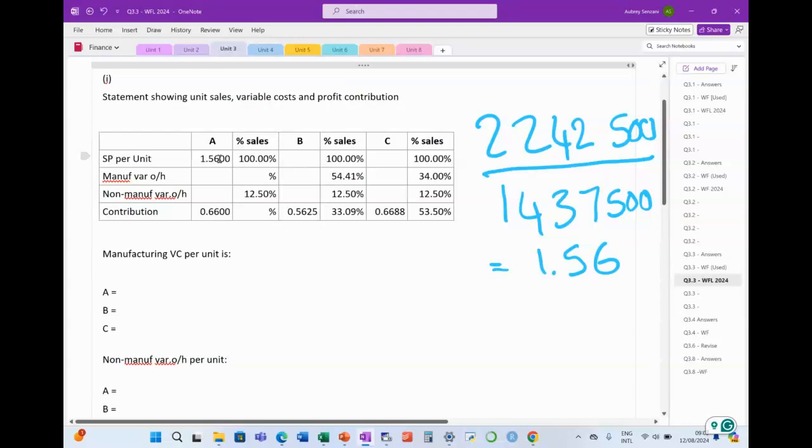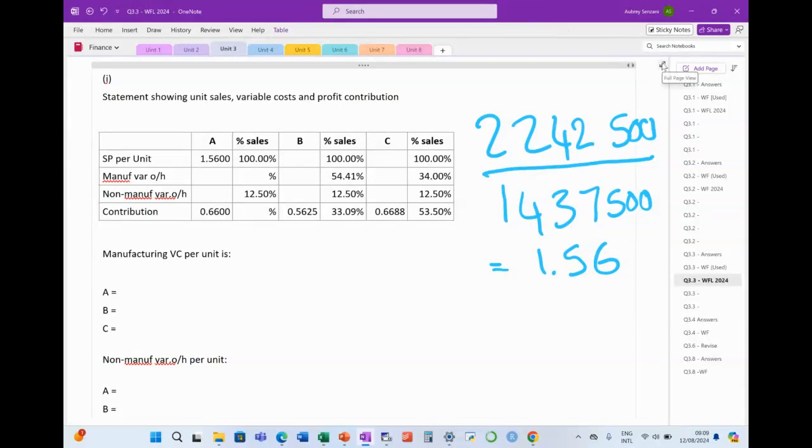Okay, then let's do the same for the others. Let's open this up. 1 point, is it just 1.7?